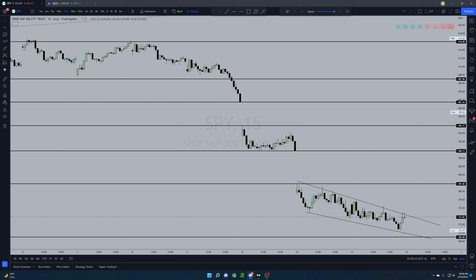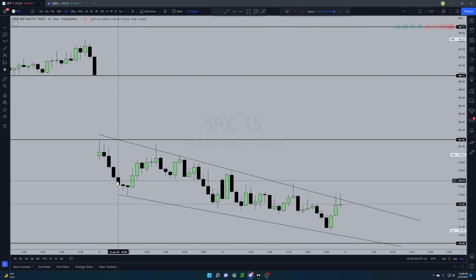So yeah, I think any short play for now is probably way higher probability than a long play. But like I said, things don't just go straight down, they go up as well. So we'll see.